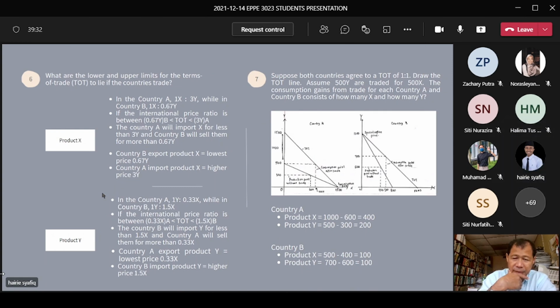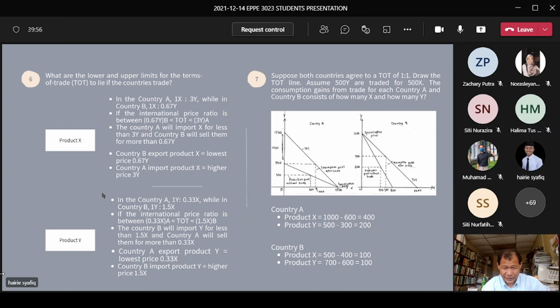Yeah. So the easiest way, or in other words, the concept is that the lower limit, we're talking about country A, okay? The lower limit will be the same line as country A's PPF. Just look at the picture now.